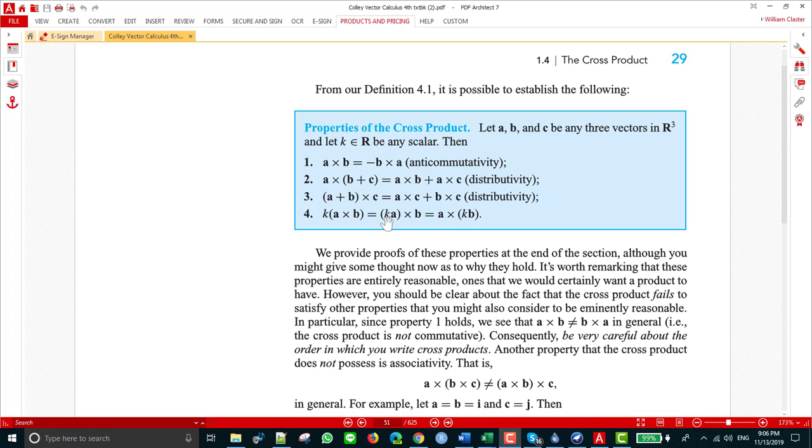Okay, there are some other properties here. By the way, this is not commutative, meaning you can't just switch the order, but they have a name for this. They call it anti-commutative, because it's almost the same as commutative, but you have a minus.